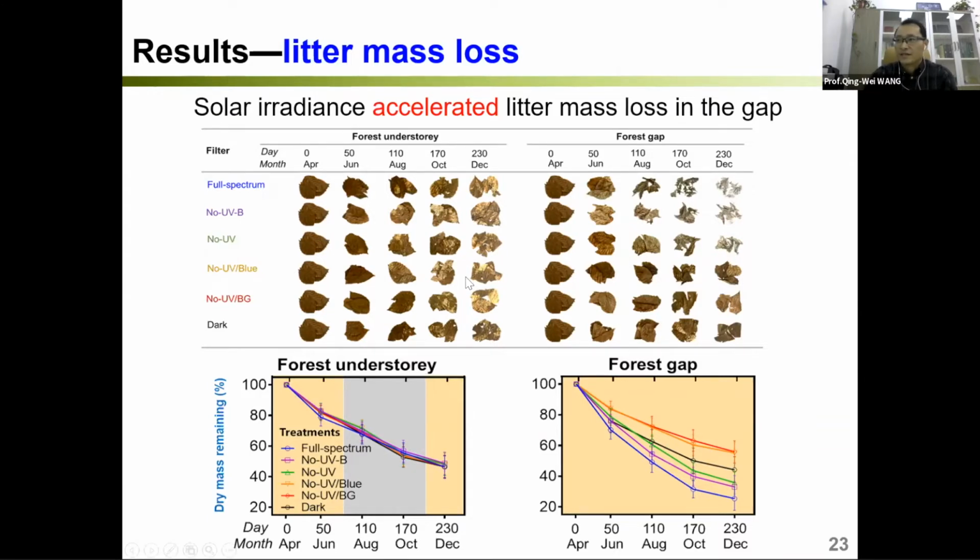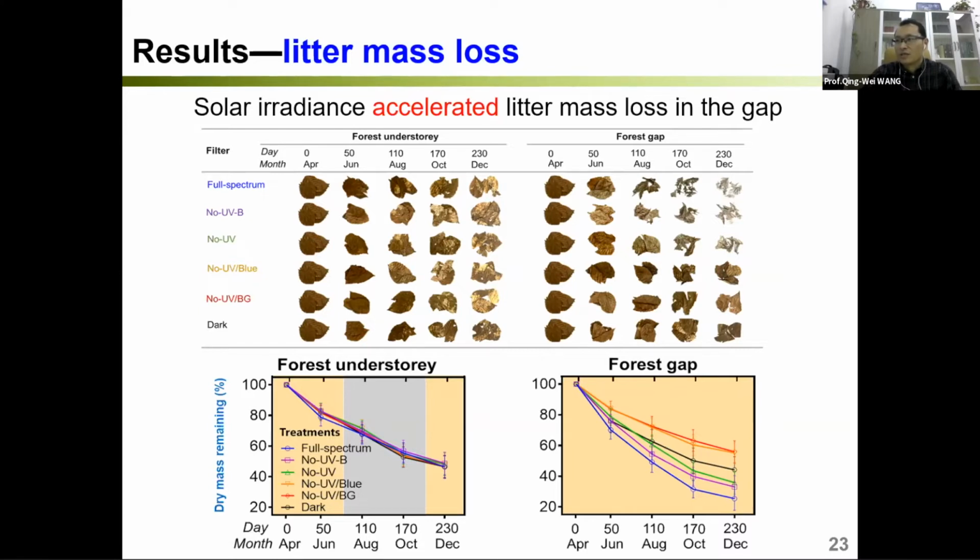We guess it's because some lignin fungi grow on the leaf surface. But outside in the gap there's no such color because the sunlight is strong and the temperature fluctuation is too great, so such conditions may not benefit the microbial community and microbial decomposition.